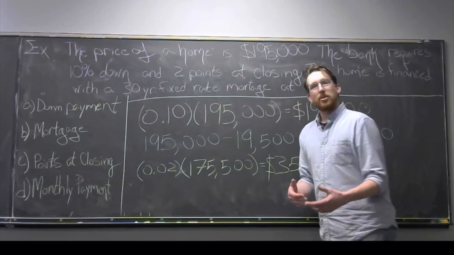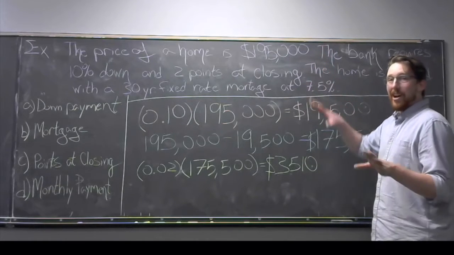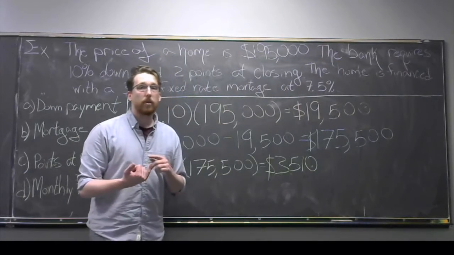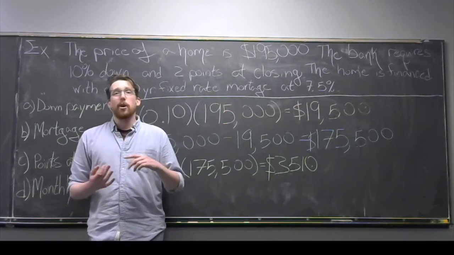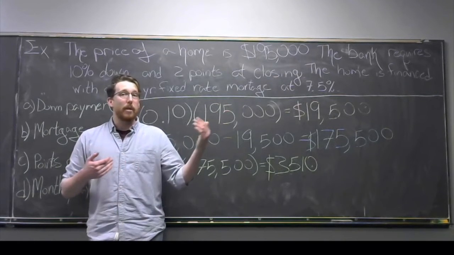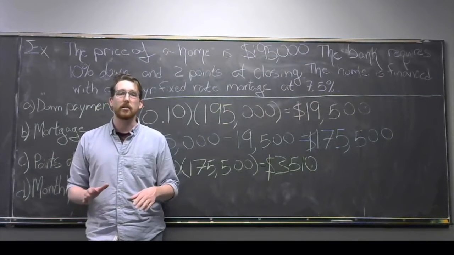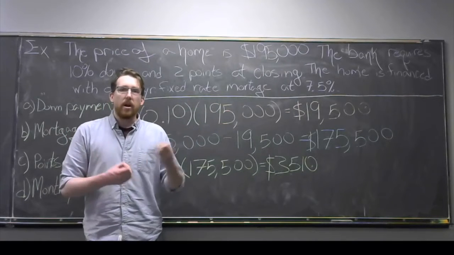Now this problem that I've got up here simplifies this a lot, because a lot of lending agencies require you to pay some sort of insurance or pay into an account that helps you pay off property taxes, et cetera. There are a lot of other expenses that are oftentimes lumped in with your monthly payment.